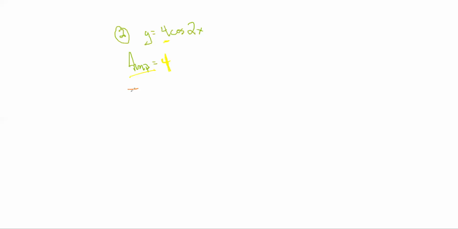Now how do we find the period? This 2 here is B, and we know that period is equal to 2 pi over B. So it's 2 pi over 2, which is equal to pi.